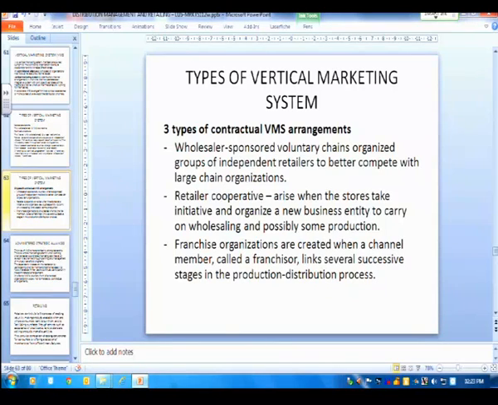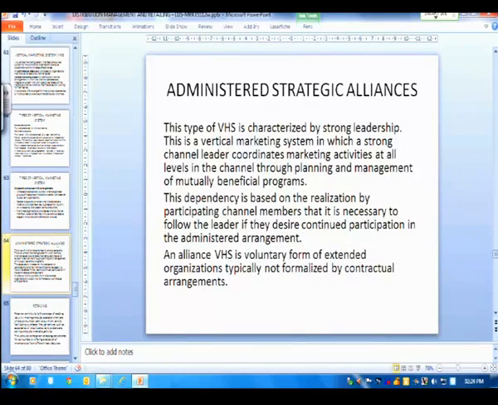Two, retailer cooperatives arise when the stores take initiative and organize a new business entity to carry on wholesaling and possibly some production. Three, franchise organizations are created when a channel member called a franchisor links several successive stages in the production-distribution process.